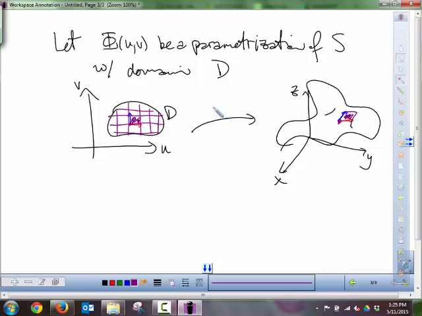So what you have here is a transformation that takes 2 variables to 3 variables. When you do this transformation, this first vector over here, the red vector, would be the derivative of that transformation in the direction of u.